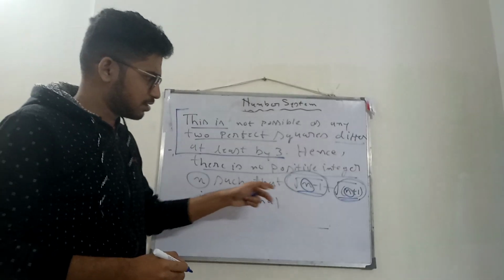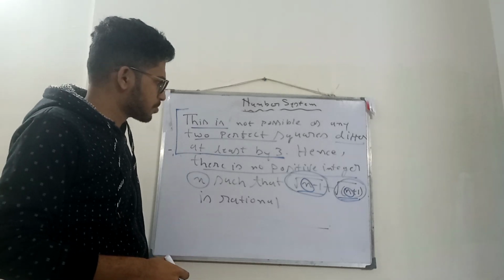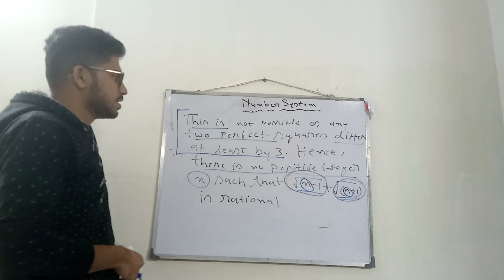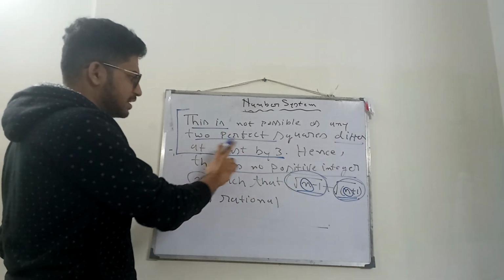Are there two perfect squares? What do you think? And they're saying this is not possible as these two perfect squares differ at least by 3.